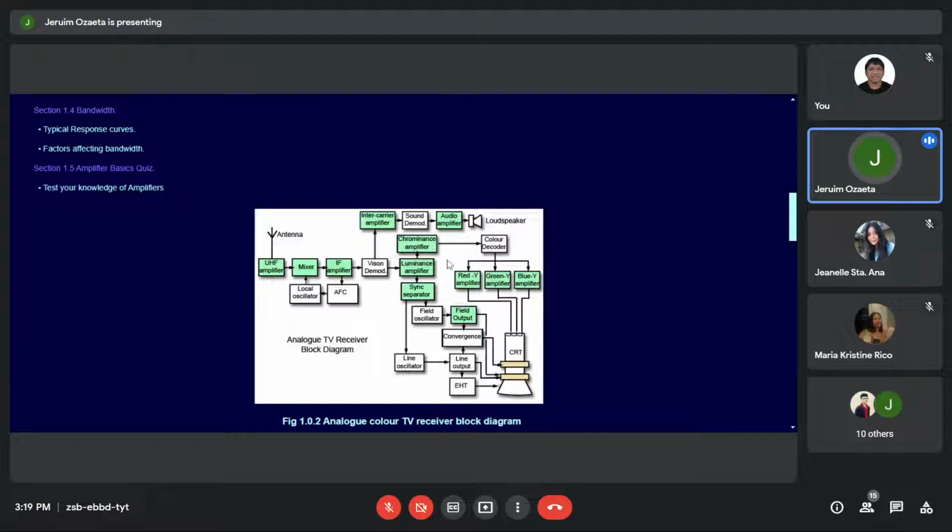Kaya meron tayong luminance, brightness, yung kulay, red. And it is being put into the synchro generator, because the synchro generator will separate the signal that will be fed into the magnet.